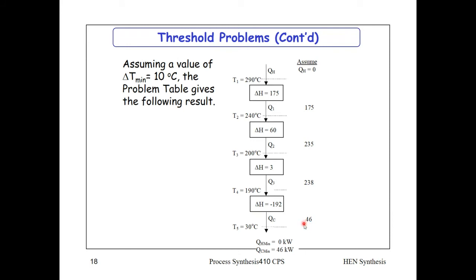So let's say you end up here at minus 70 at the bottom. Then you would choose 70 as your steam, the amount of steam that you need, and redo this thing and land up with 0 at the bottom. And that's another threshold problem, because you need no cooling water. When you get down to the bottom, the amount of cooling water is 0, and the amount of steam is 70.